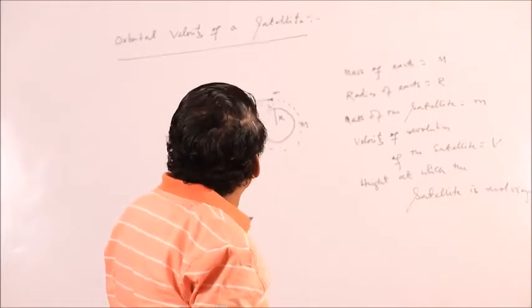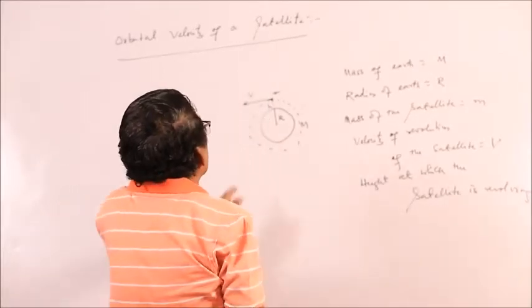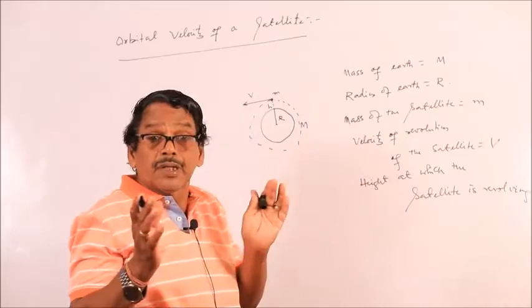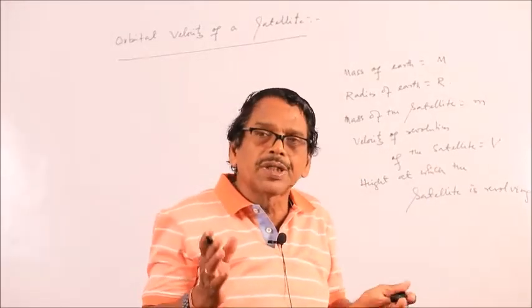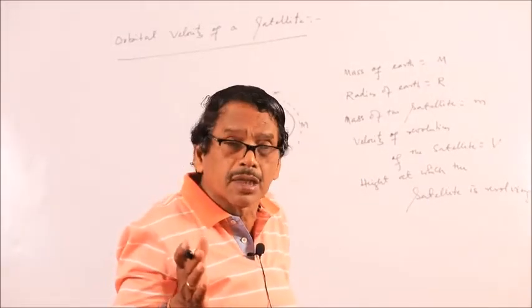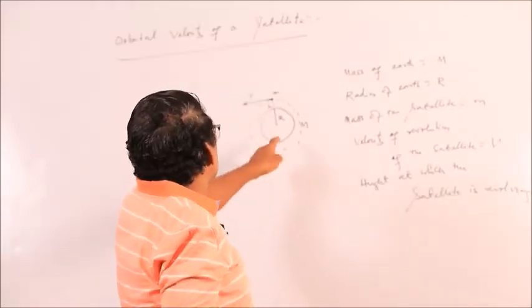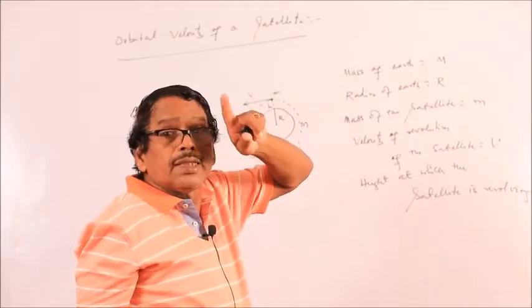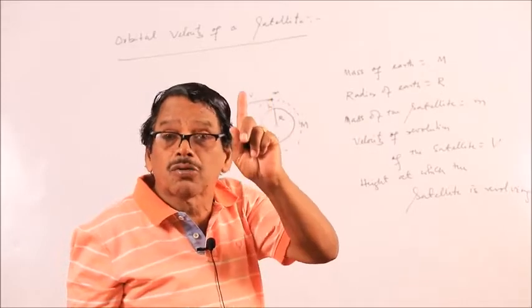Now, how does the satellite revolve? When the satellite is revolving, the centripetal force is equal to the gravitational force of attraction between Earth and the satellite. The gravitational force of attraction between Earth and the satellite provides the necessary centripetal force for circular motion.